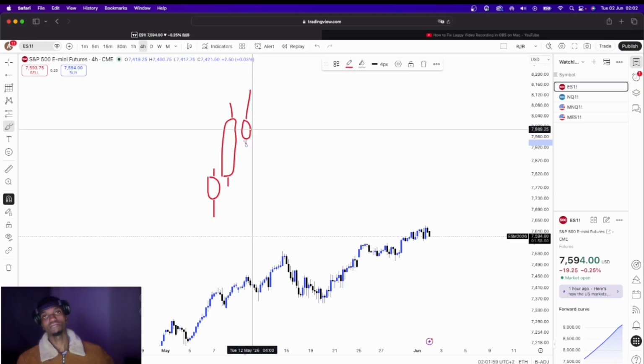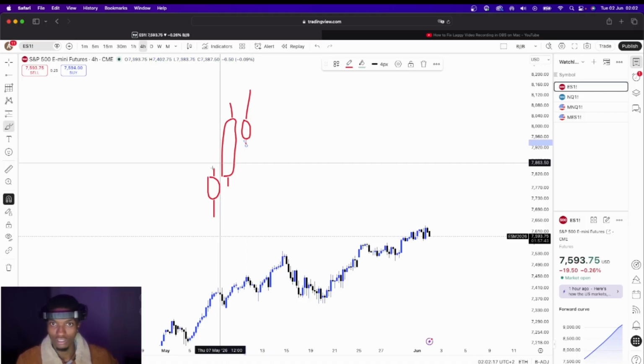Now the gap between three candlesticks, read my lips, the gap between three candlesticks is what we call a fair value gap. So we're looking for a gap as it says. My mouse is dying.